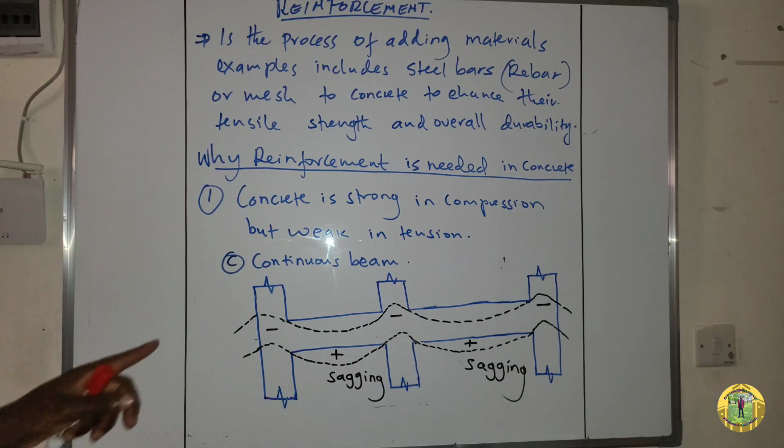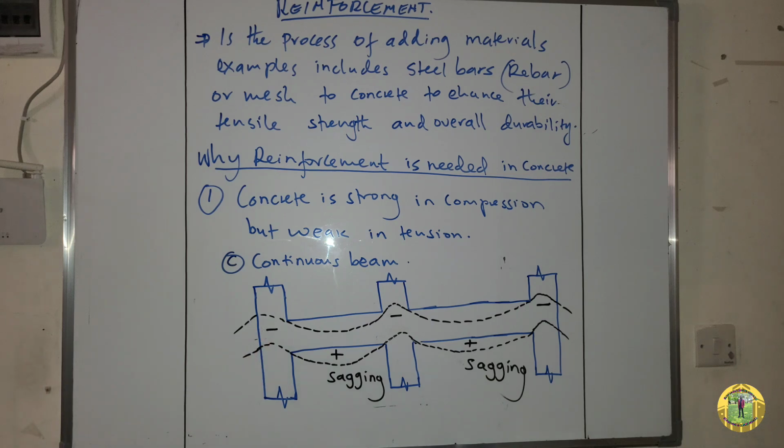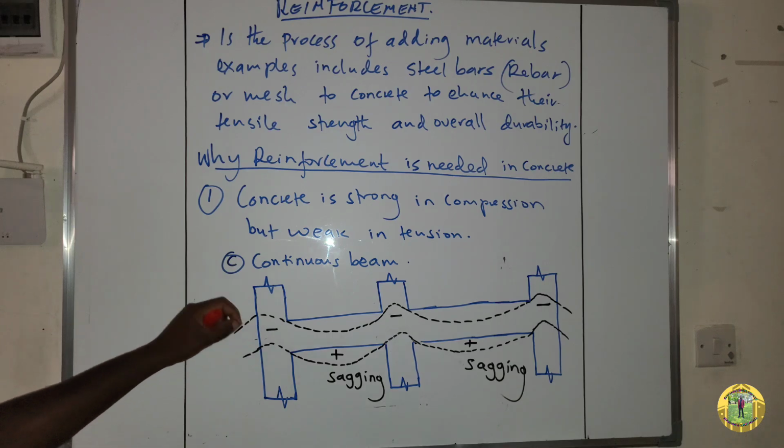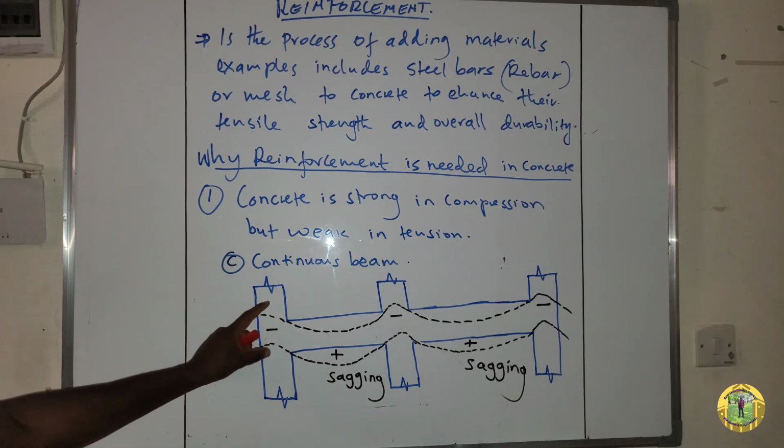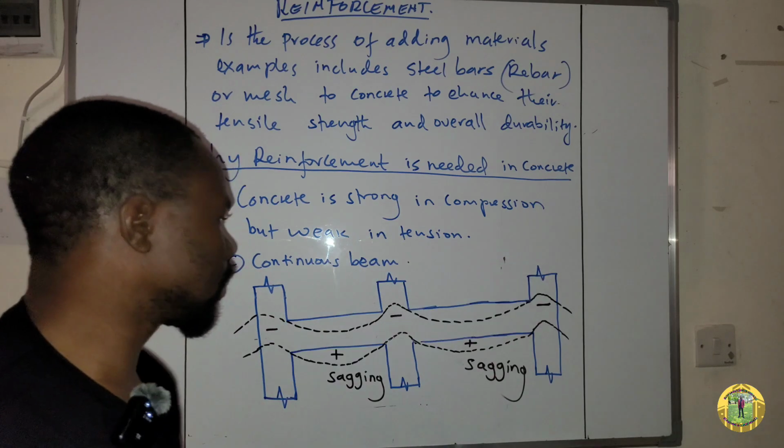So where there is negative moment, this is where it experiences the tension zone. Therefore, the tension reinforcement will be provided at the top of each support.